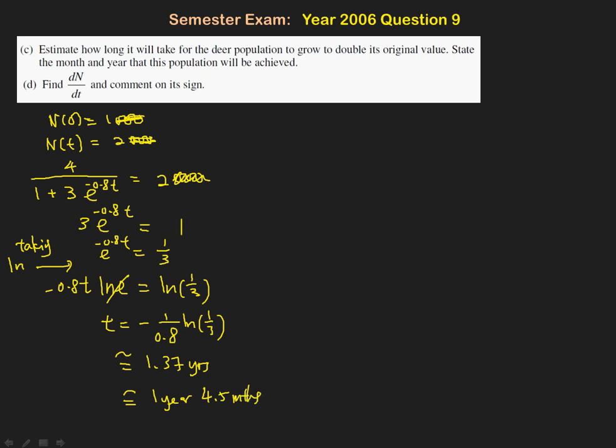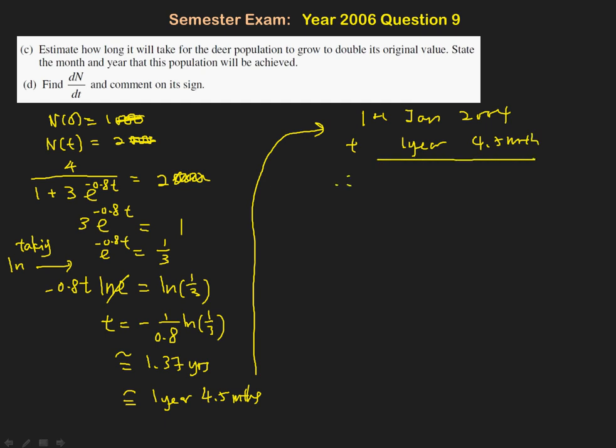And so that means the month and the year that this population will be achieved will be, from the 1st of January 2004, you plus 1 year, 4.5 months, and the date will therefore be in May 2005. So this population will be achieved in May of 2005, right?